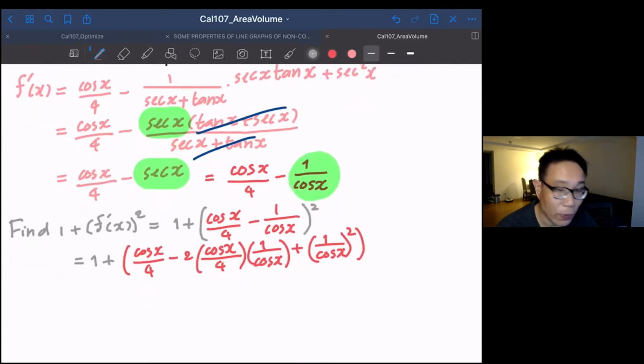The thing I want you to see is that you can cancel the cos x, and 2 over 4 gives 1/2 for the middle term.